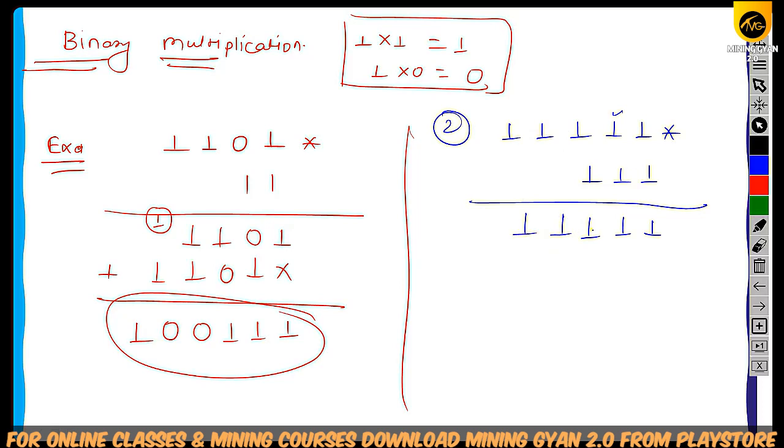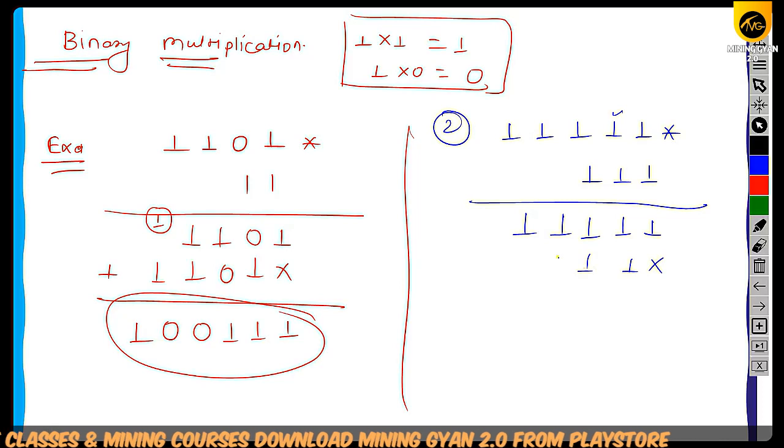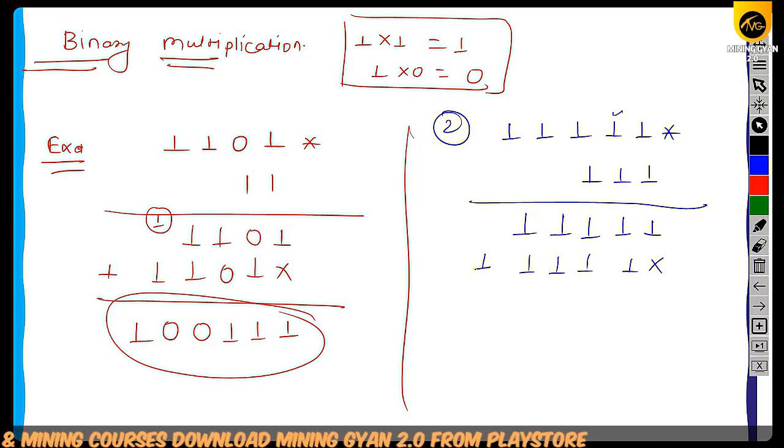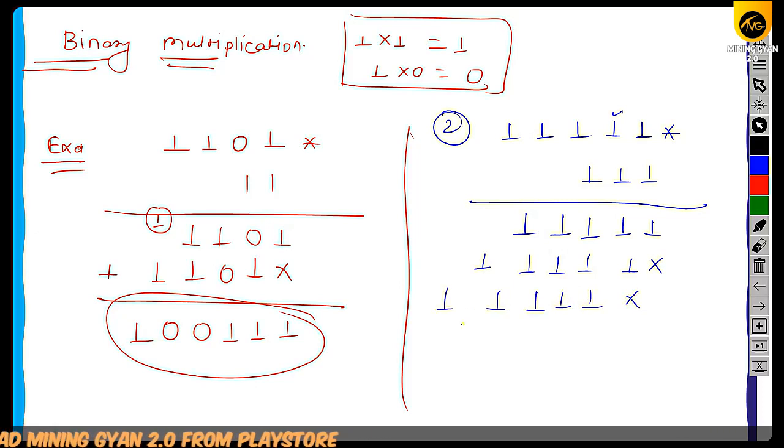So 1 1 1 1 1, five ones. Now the next number gives again five ones, 1 1 1 1 1. The last one is again 1 1 1 1 1. Now just add all these ones and you will get the correct answer.